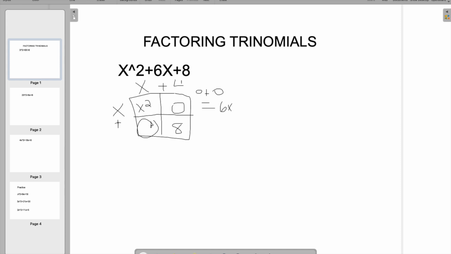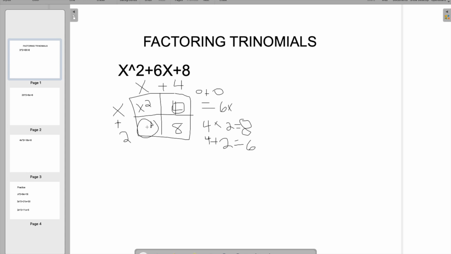So first one I'm going to write is 4 and 2, because 4 times 2 is 8. Four plus 2 is also 6.